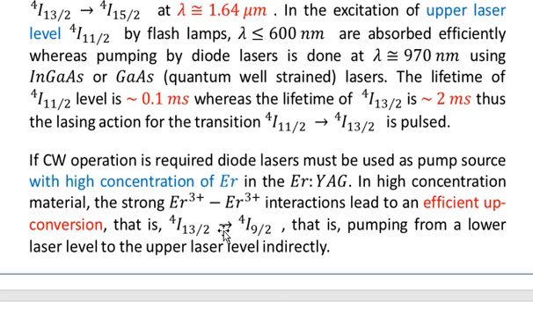So this up conversion is possible when high concentration is present and the pumping is done through diode lasers. That is the pumping from a lower laser level to the upper laser level indirectly.